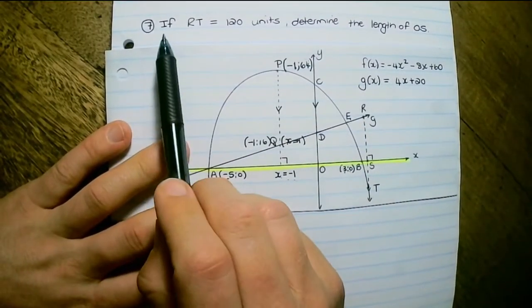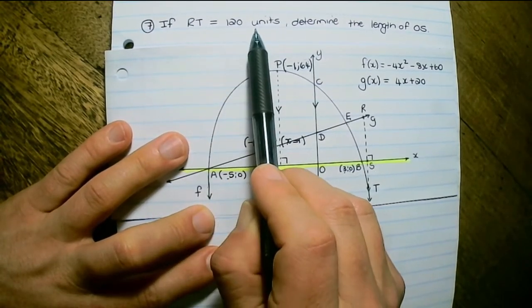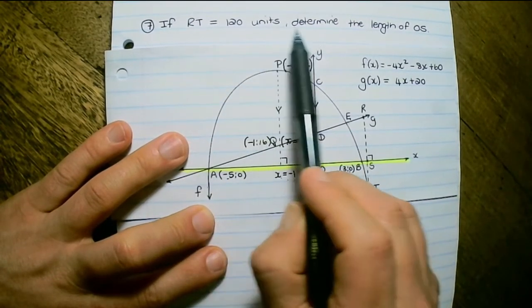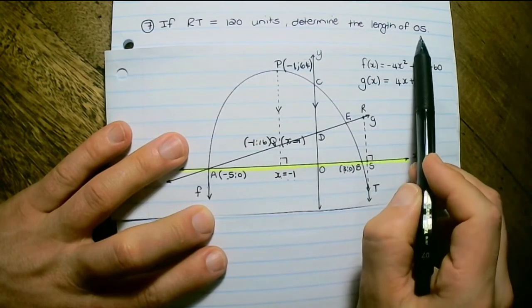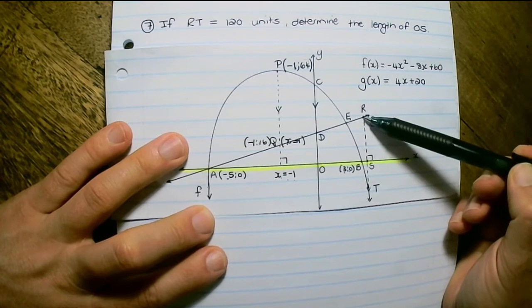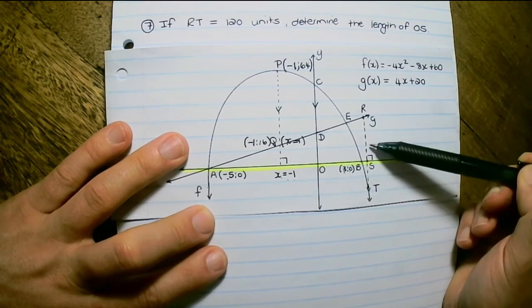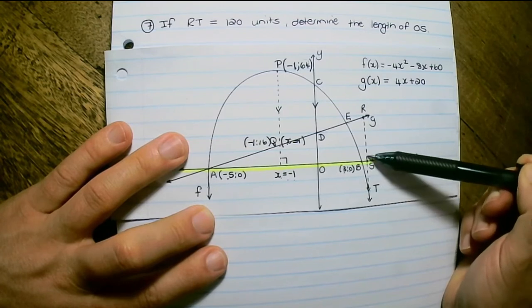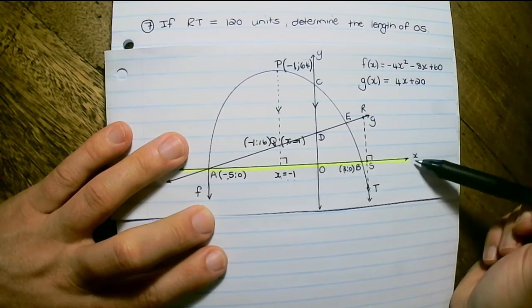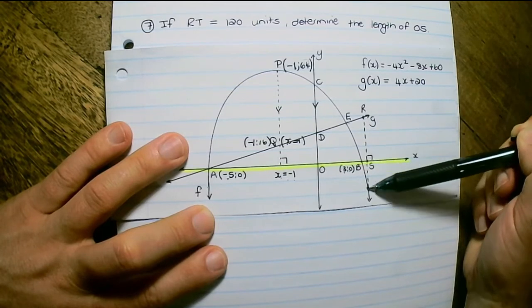Our next question says, if RT is equal to 120 units, determine the length of OS. So let's see where RT is. Here is R, and here we have T, and we can see that RT is a perpendicular line through the x-axis, so we know that this is a perfectly vertical line.